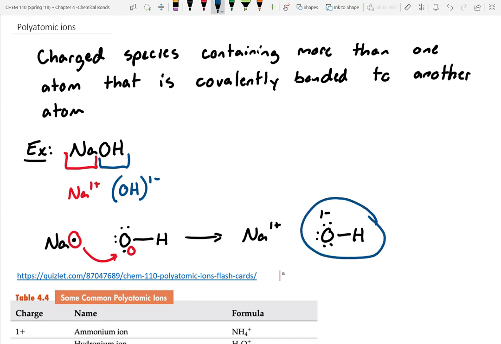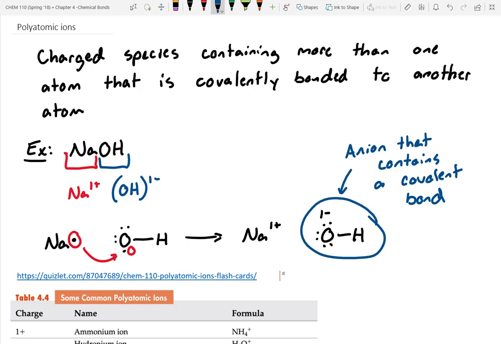So if we look at this entire unit here, this is an anion because it has an overall negative 1 charge. But it contains a covalent bond within it. Does that make sense? It's a little bit strange, but there's only a handful of them that I want you to know.